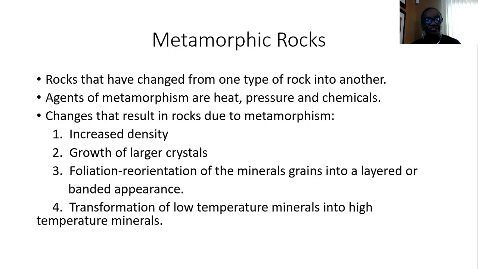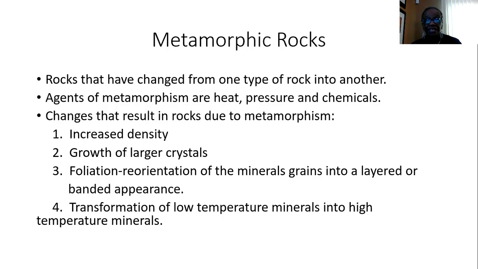All right, then there are changes that result in rocks due to metamorphism. Rocks that are exposed to these agents, they have an increase in density. They grow larger crystals, and you will see this as an example when I show you sandstone, and then you compare it to quartzite, the metamorphic rock that it becomes.